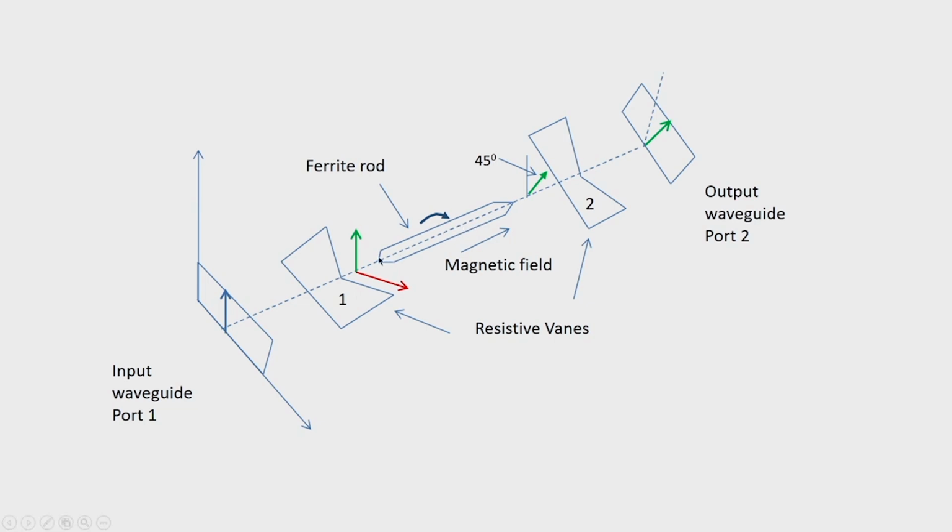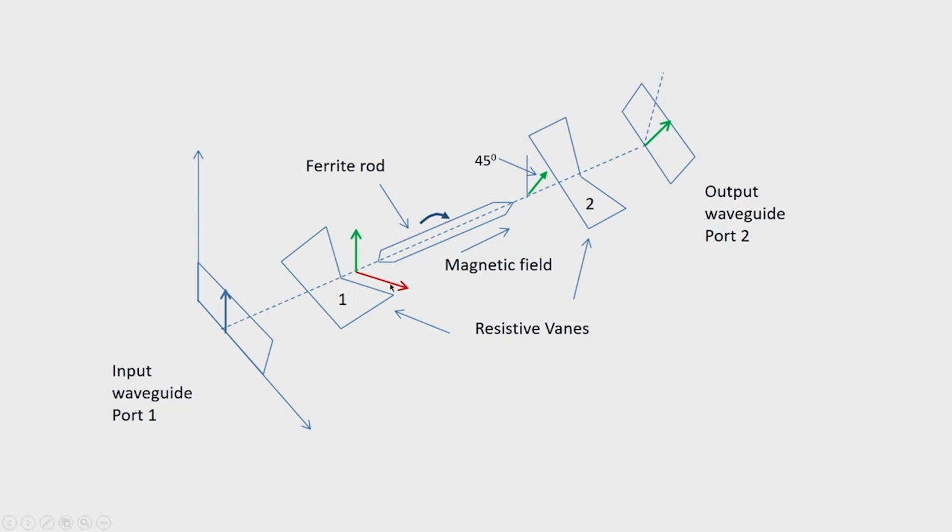passing through this ferrite rod, the reflected field component will become parallel to this resistive vane, and it will get absorbed by this vane and will not appear in port 1.